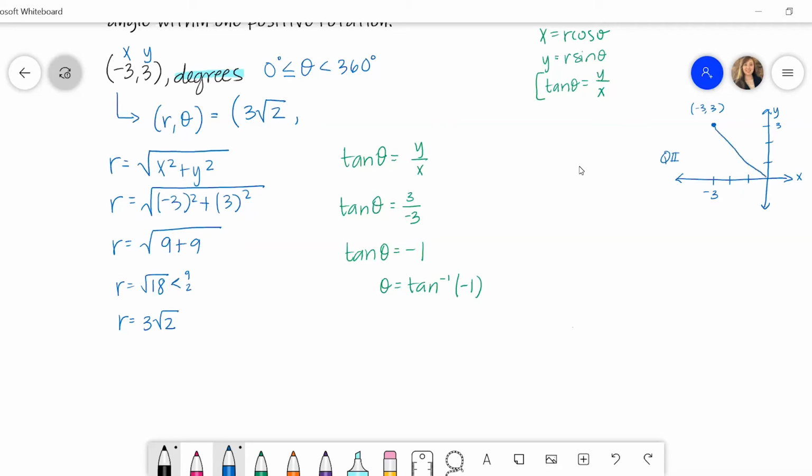This is the value of r that I did not draw straight at all, but we just found 3 root 2. And what we're looking for right now is what angle measure takes us here, right? Again, I'm going to use reference angles to kind of help me out. The left-hand rule helps out a bit here because I want to know essentially when is cosine equal to sine, because that's when I get 1 out of the deal, and then the negative is going to adjust with my quadrant.